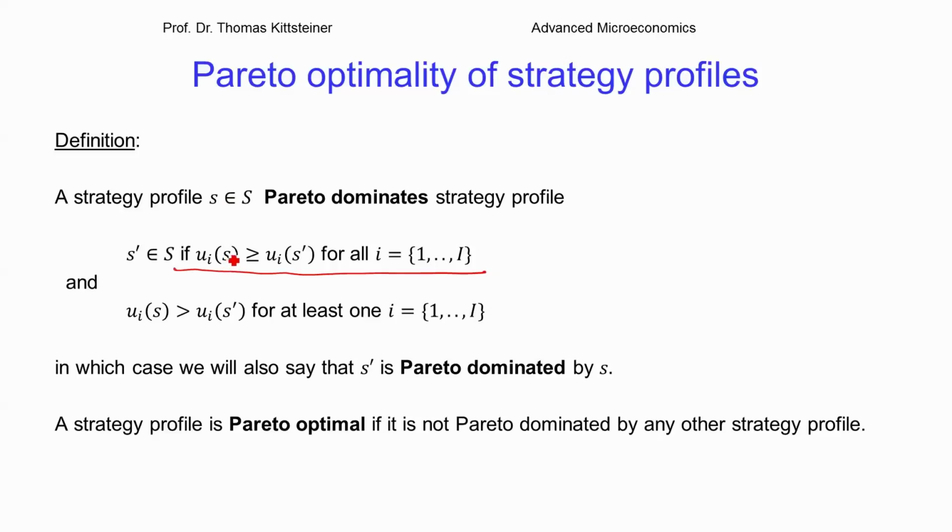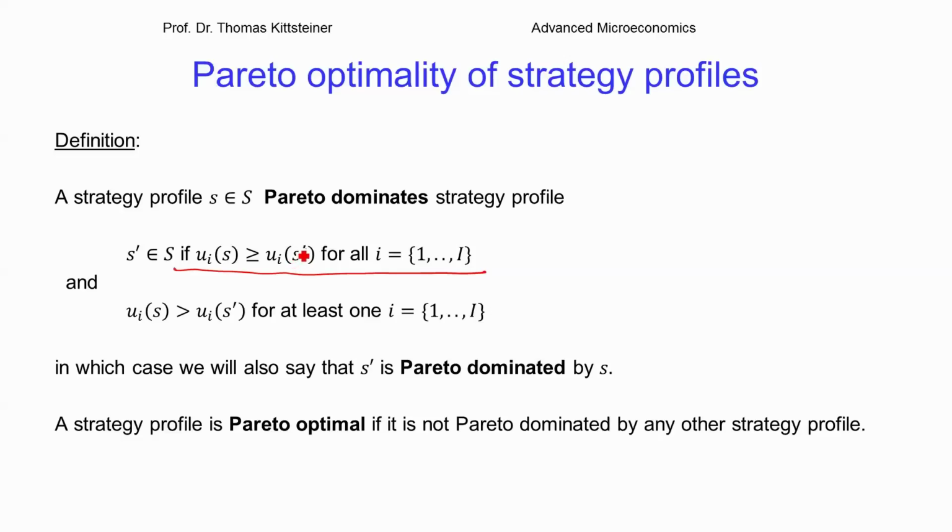every player, meaning every player i from 1 to capital I, is at least as well off, that means his utility is at least as large as what he would get if the players were all playing their strategies S prime, and the outcome therefore would be given by the strategy profile S prime.